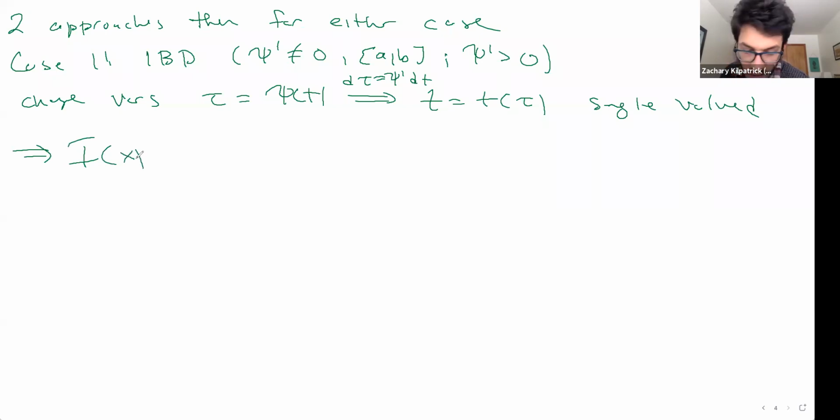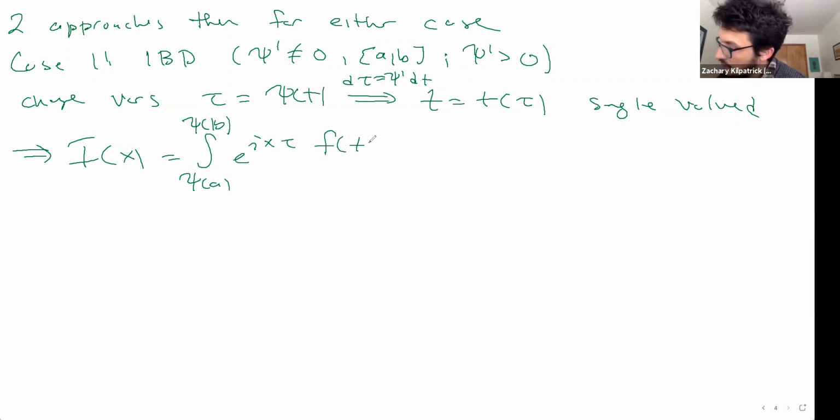I of x then is going to be equal to the integral from psi of a to psi of b, e to the i x tau, f of t of tau divided by psi prime t of tau. That just comes out of our change of variables.